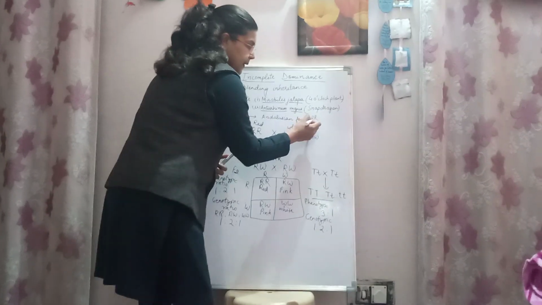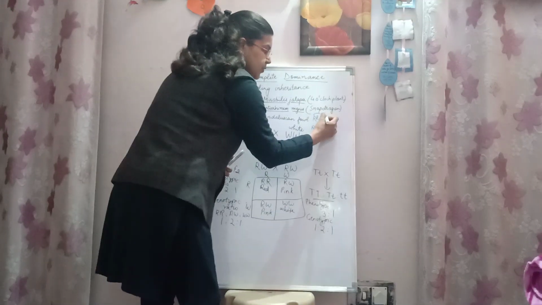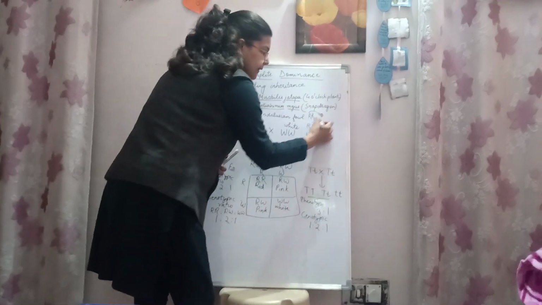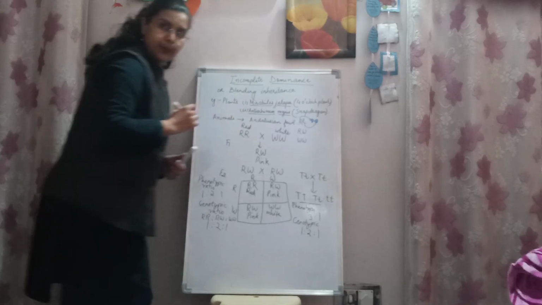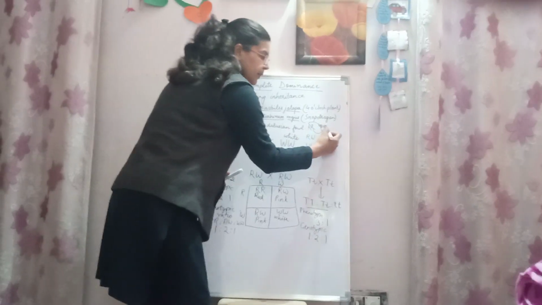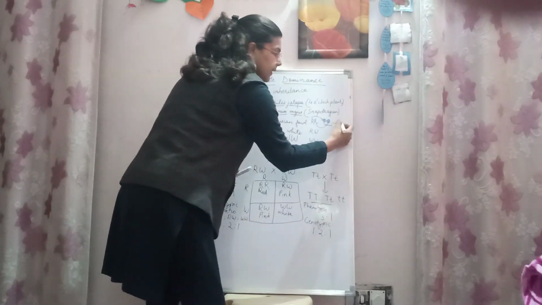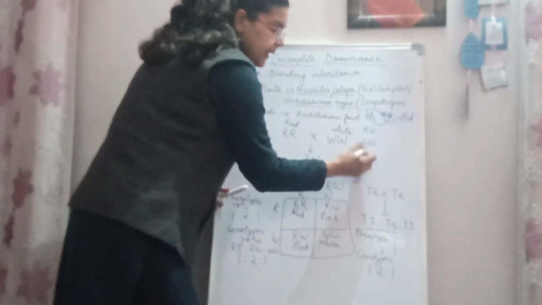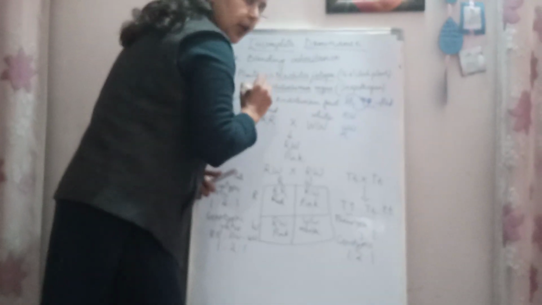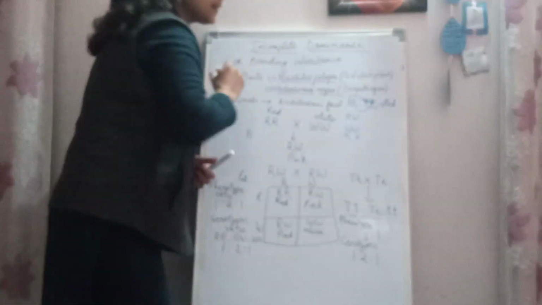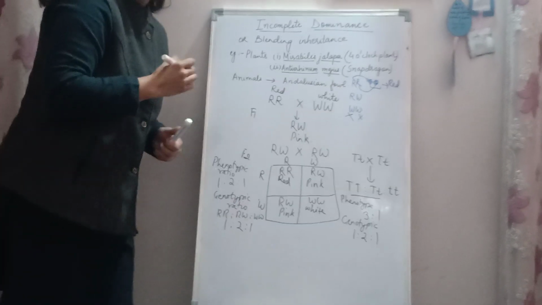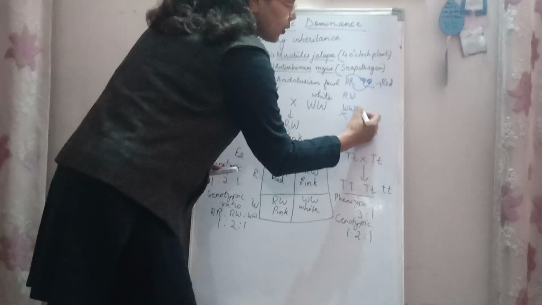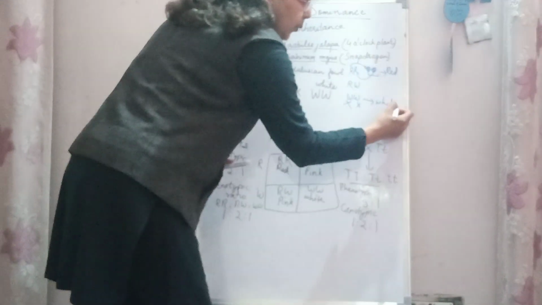Here, what is happening is the R allele is also making its product, and this allele is also making its product. So you have double copy of the product, and hence the color is intense and it is red. In this case, this allele is not expressing and is not producing the pigment. Likewise, this allele is not expressing and producing the pigment. So the color of the flower is white.